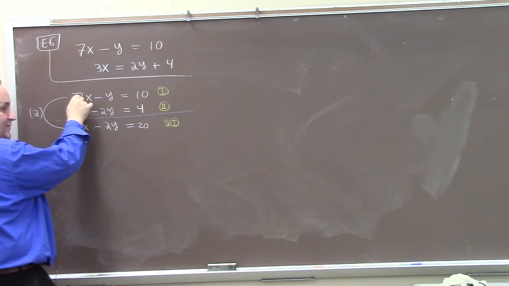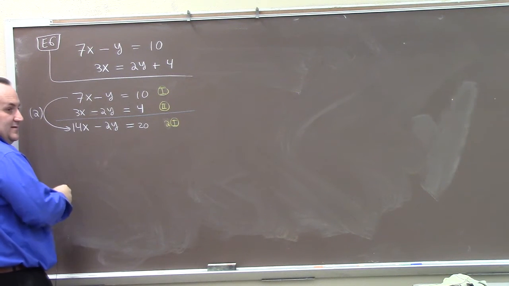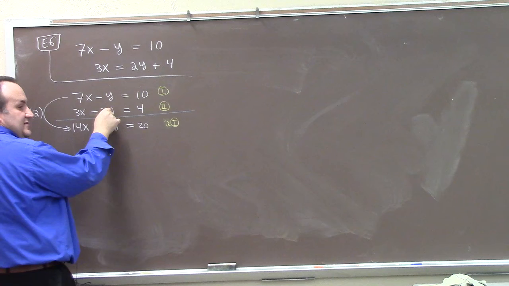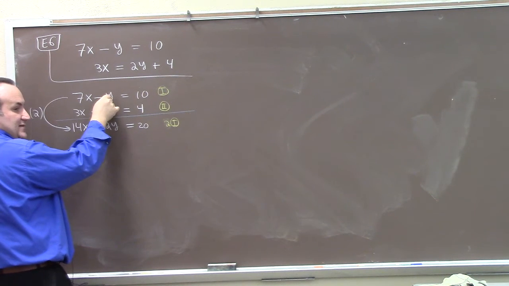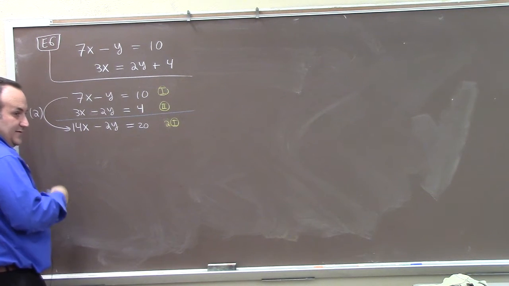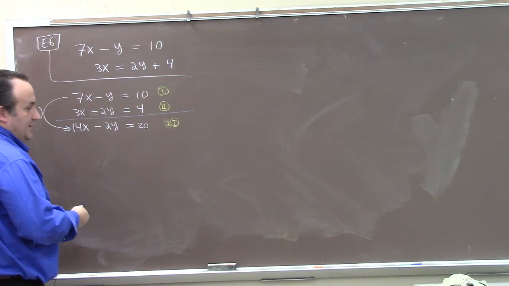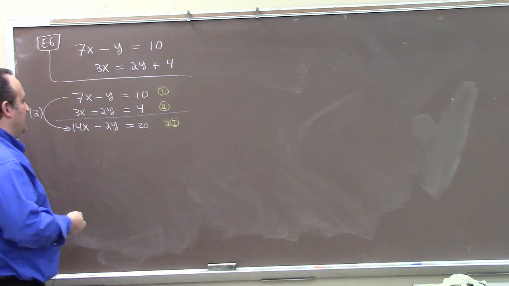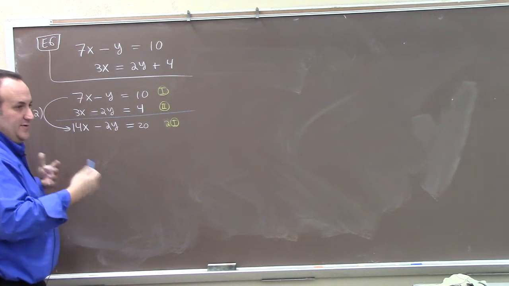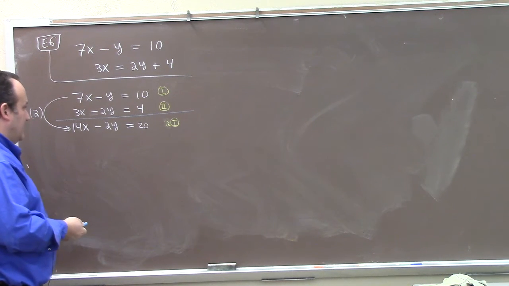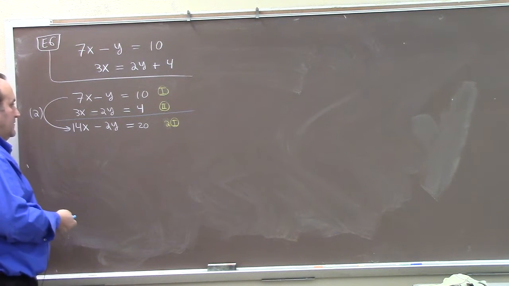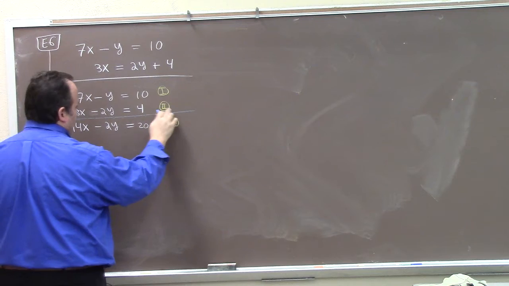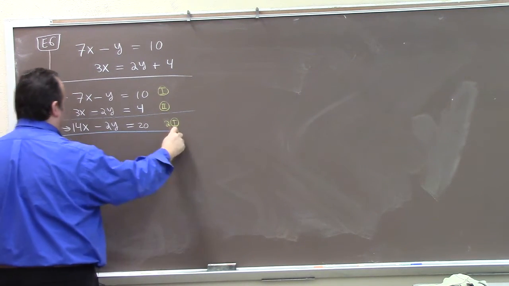I'd have to multiply this one by 3 and that one by 7. I don't want to do that. I've got a y here, I've got a 2y here. All I got to do is multiply the first one by 2 to make it match up with the second. That's my internal logic. You can always multiply. It's like the least common multiple problem. It's that same can of worms. Anyway, once we have that, we can subtract, right?